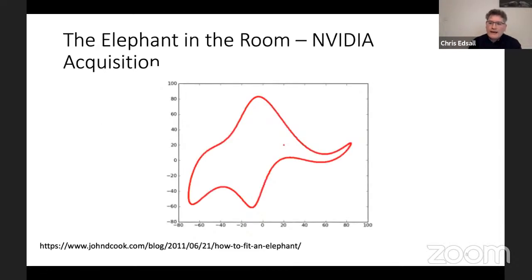But before we get into that, we probably have to mention the elephant in the room. The picture is an allusion to John von Neumann's curve-fitting elephant. But for this talk, the elephant is the acquiring of ARM off SoftBank by NVIDIA, subject to regulatory approval.